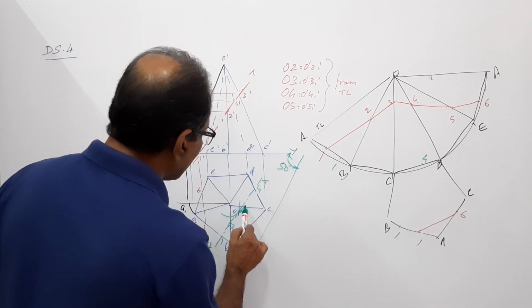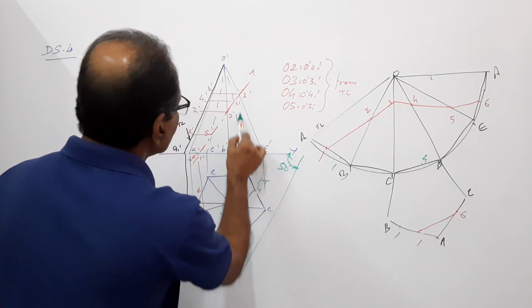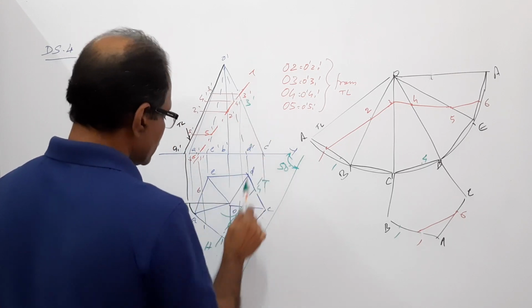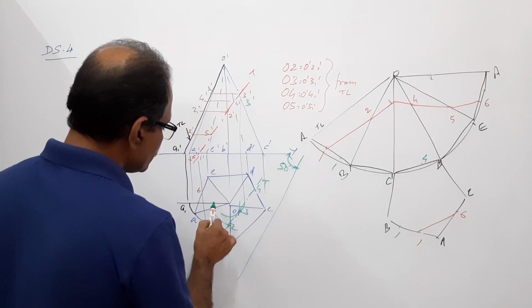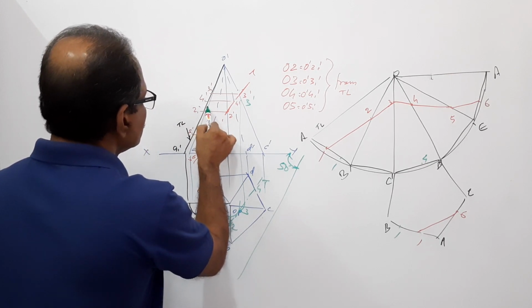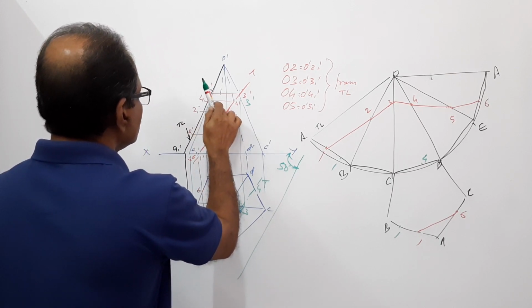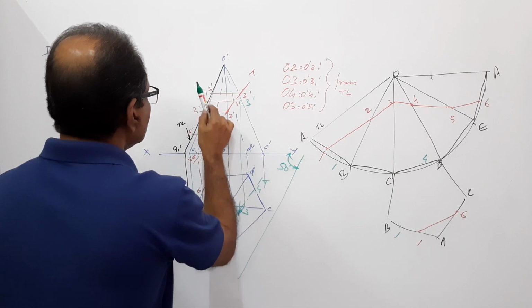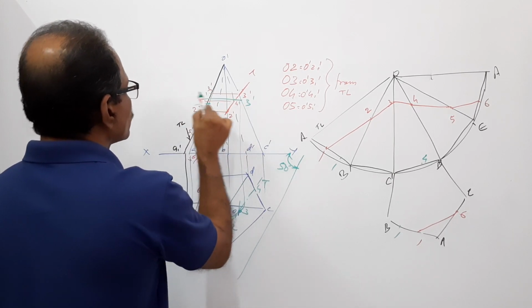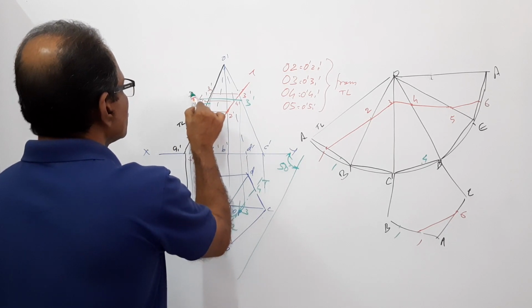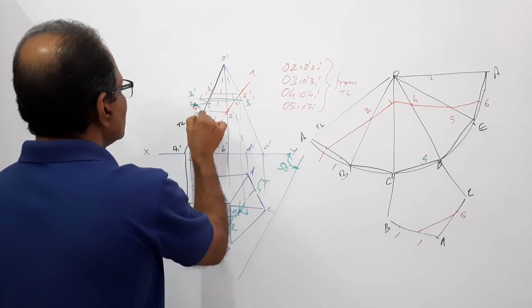Go to the elevation, 3 on OC. For 3 dash 2 dash you have to draw an arc, and then go to the true length. 3 dash also goes to the true length. So 3 1 dash, 2 1 dash.